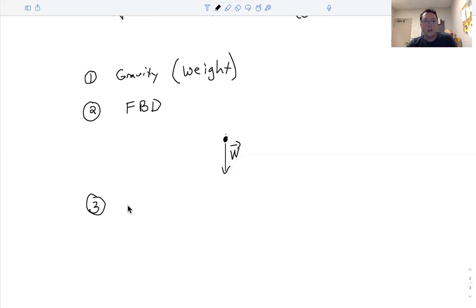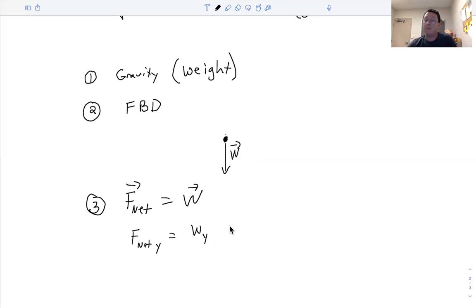Step 3, work out an expression for the net force. Well, in this problem, there's only one force, and so the sum of one thing is just that one thing. So the net force is just the weight. I could write it in components because there's only a y component. I could say the net force in the y direction is the weight in the y direction.